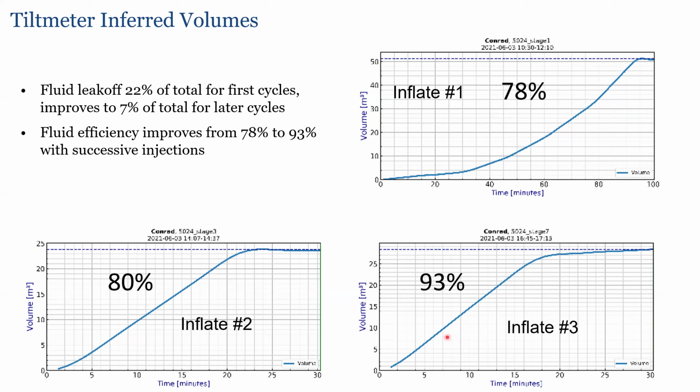And it kind of makes sense because as the day goes on, the lens spends more and more time at higher pressures, and the pore pressure around the lens is elevated. And so the pore pressure difference between the inside of the lens and the surrounding rock pore spaces gets smaller, and hence the leak off rate is decreasing.